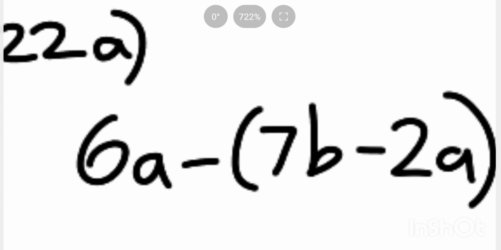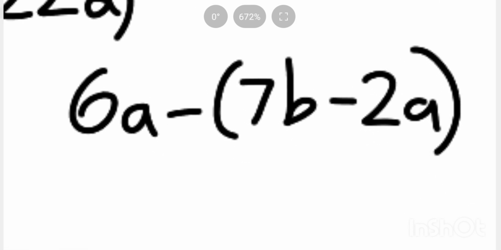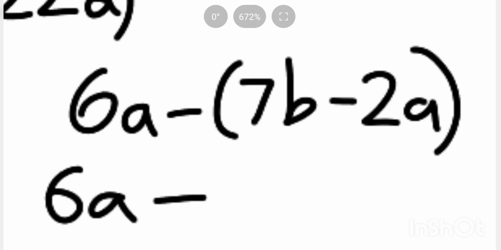Is she correct? So if we simplify this, we need to expand the brackets. But we need to times the brackets by -1 because you have a minus here. So that would be 6a minus 7b, and then minus times minus 2a.